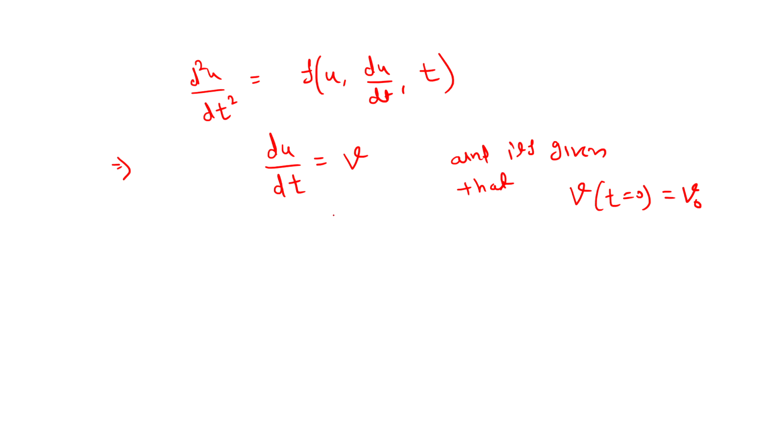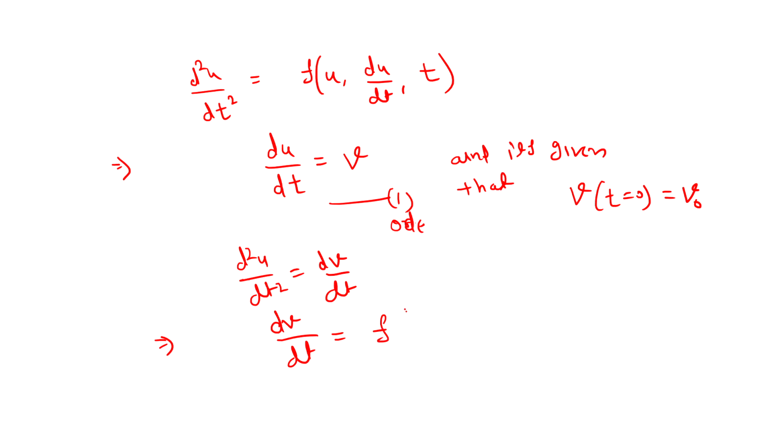If I do the derivative one more time, then d²u over dt² becomes dv over dt. That essentially means that dv over dt is a function of u, comma v, comma t.